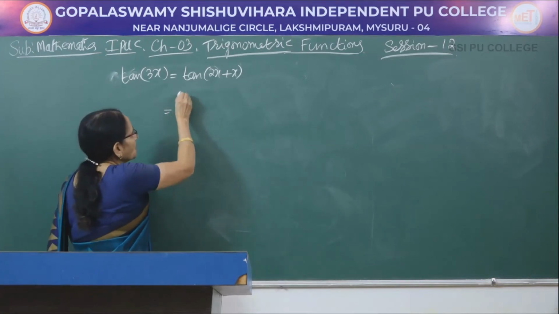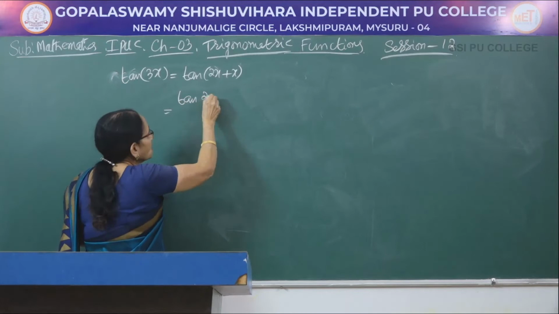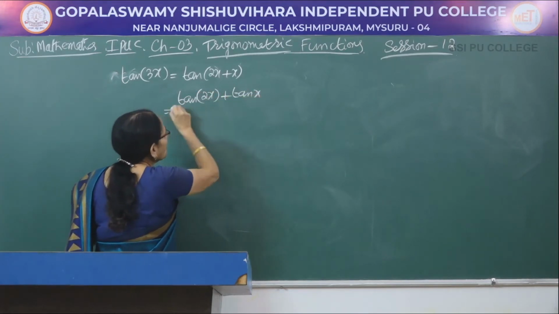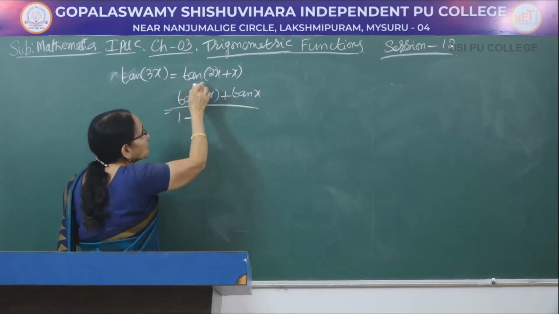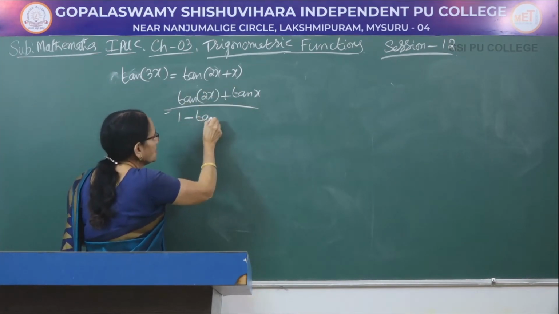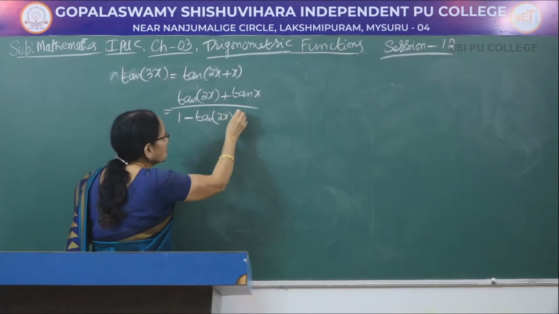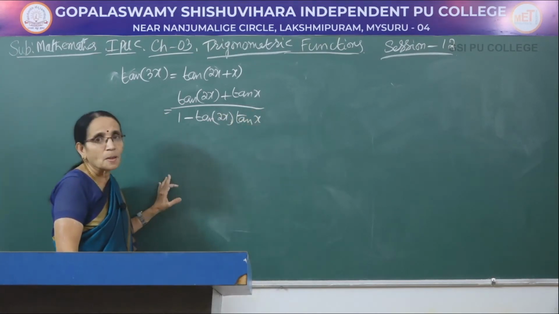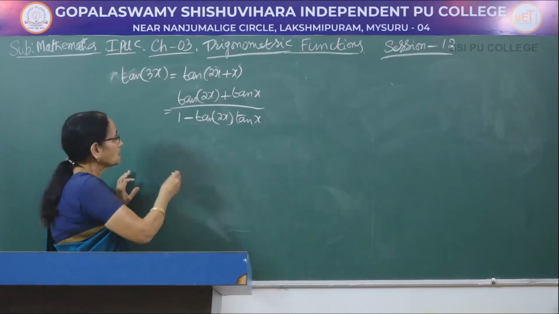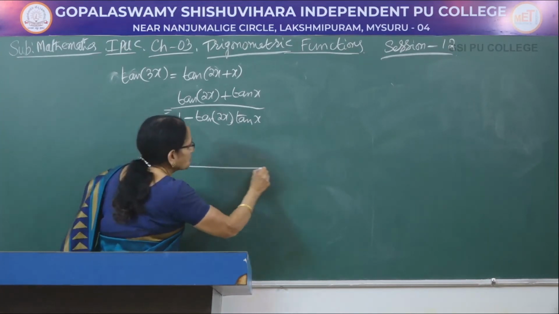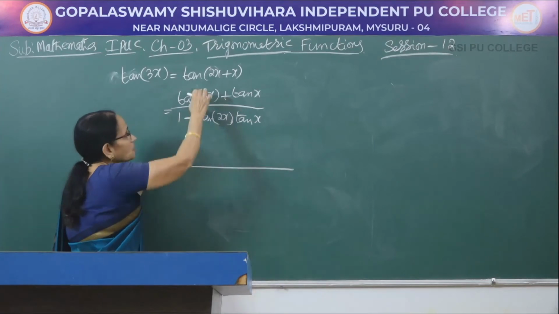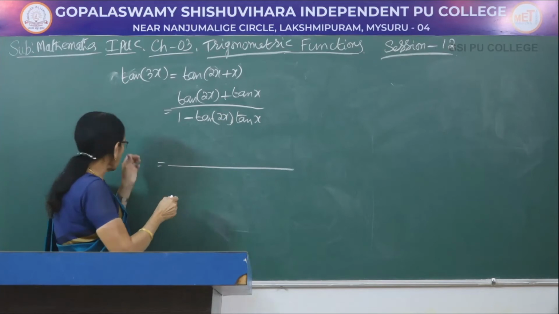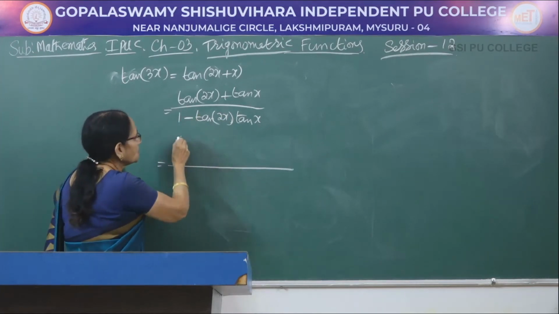Tan x plus tan y, that is tan of 2x plus tan x divided by 1 minus tan x into tan y, that is tan of 2x into tan x. Here the calculation is more. We have to take the LCM and then write a bigger line because I am writing the value of tan of 2x in the numerator as well as in the denominator. What is tan of 2x?